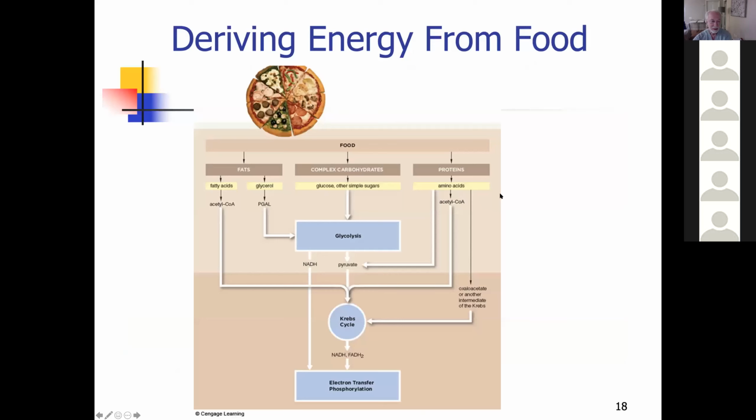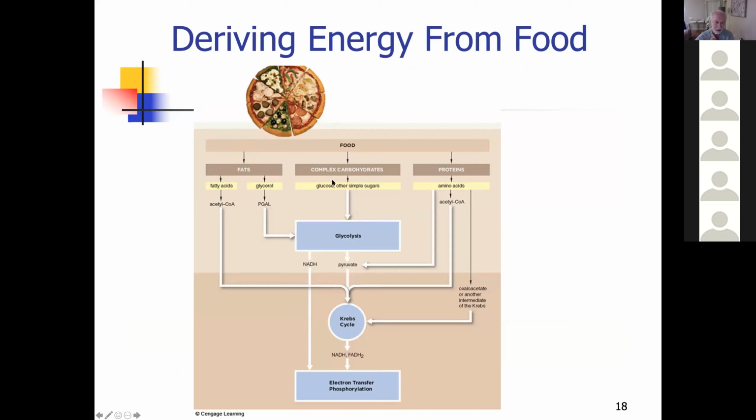And this is another representation of it. Pizza is a pretty complete food. It has fats, carbohydrates, and proteins. The fats are converted to fatty acids, which go directly to acetyl-CoA. The proteins are converted to amino acids, which go directly to acetyl-CoA.